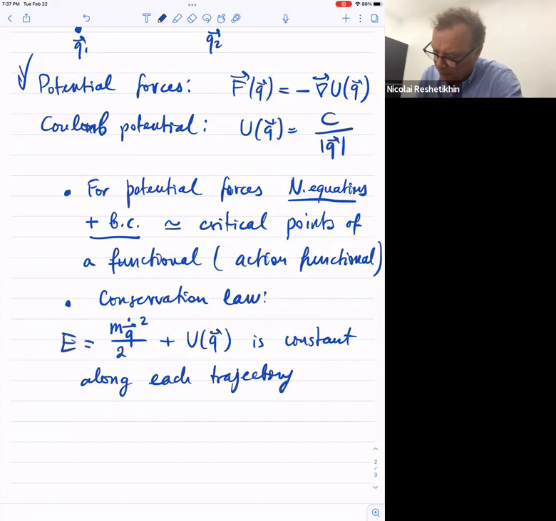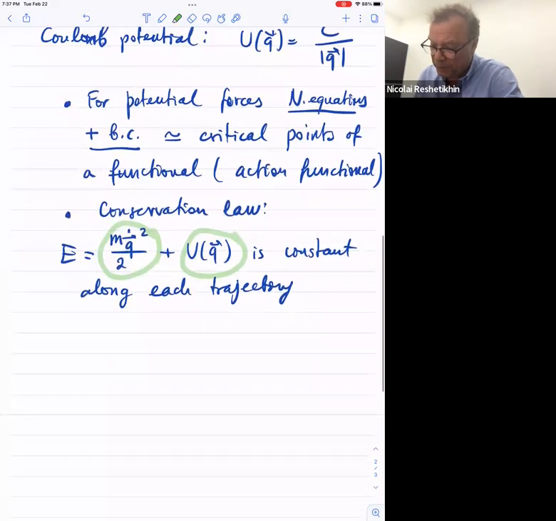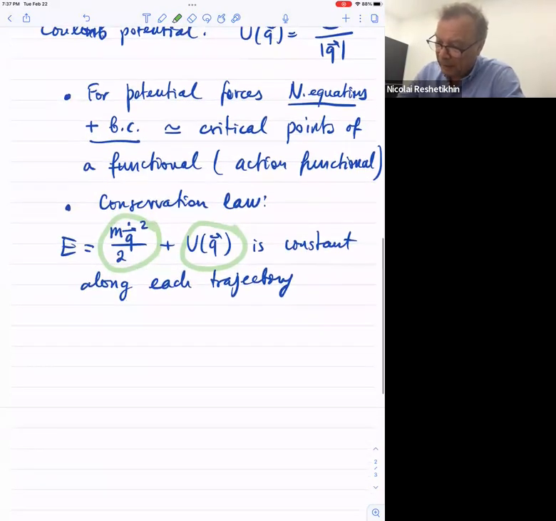The meaning of this quantity is the energy, and this first part is the kinetic energy, the second part is the potential energy. So these are the two special things that happen for potential forces, and we will stick to the case of potential forces.